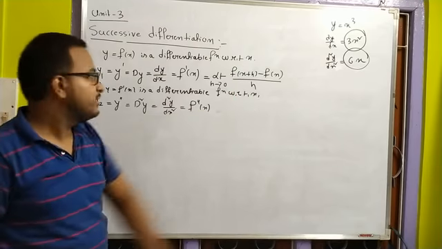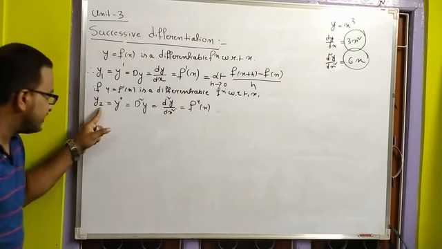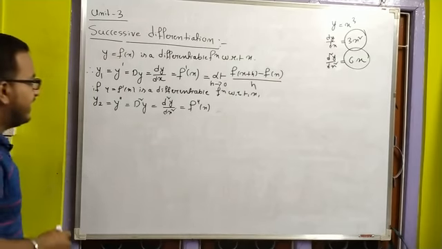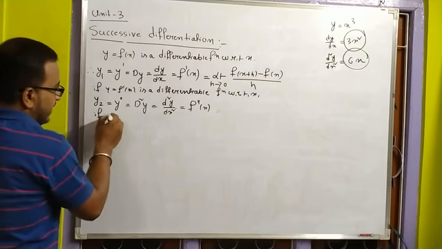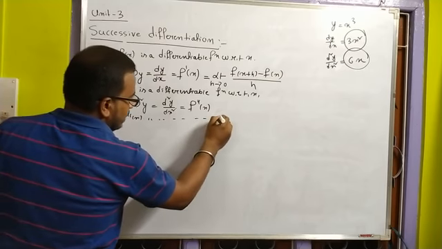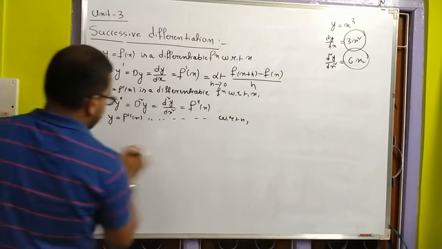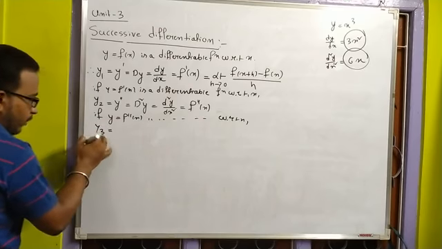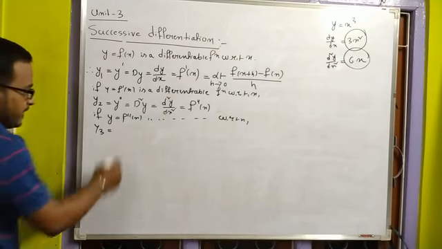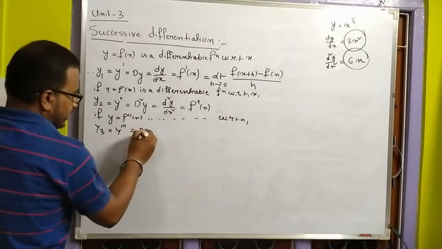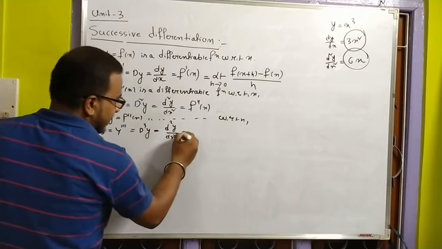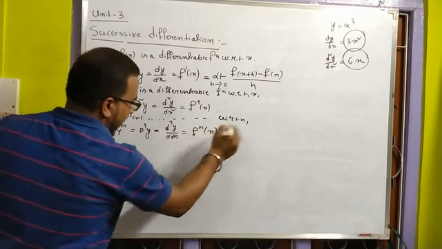So if the second derivative is again a function of x, then we can find its derivative. That is denoted by y3, the third derivative of the function with respect to x. It will be y triple dash, d3y/dx3, and f triple dash x.